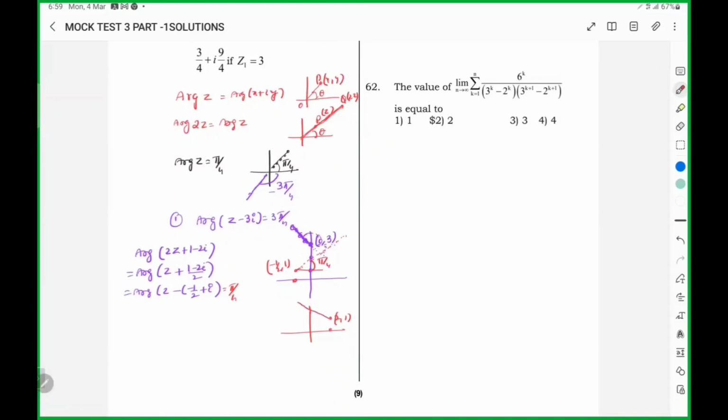Here you take these points, its argument will be 3 pi by 4.